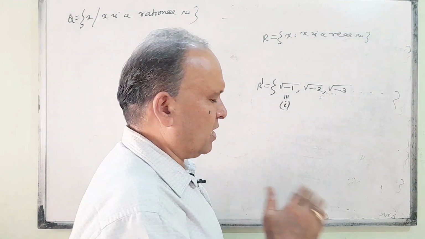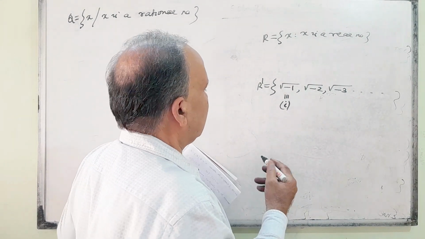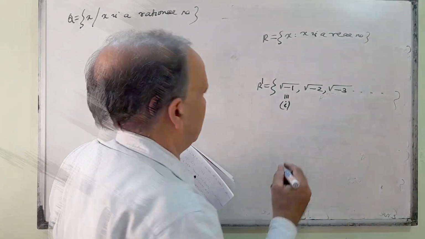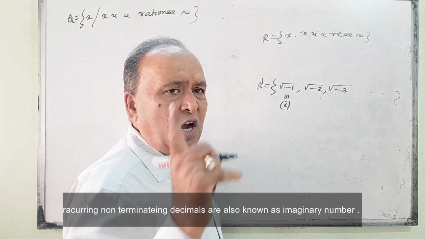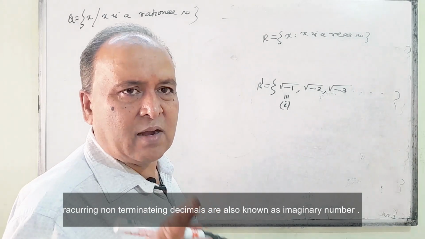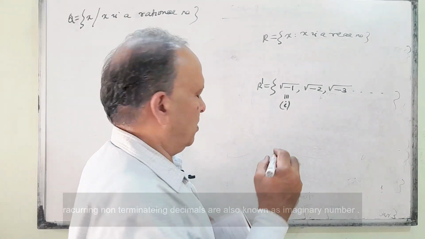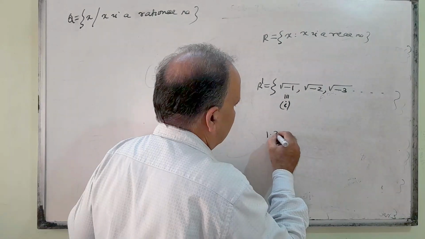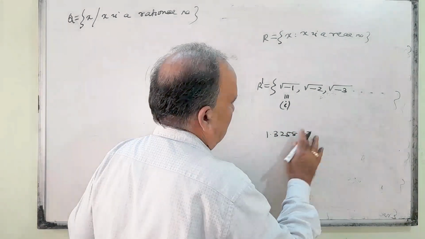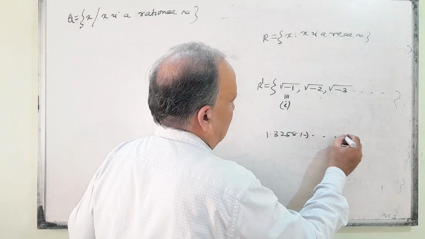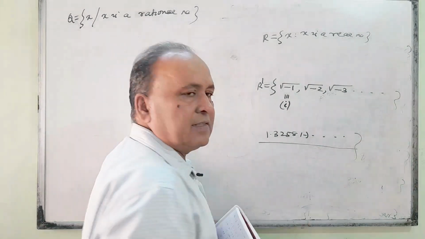I have forgotten something. In the case of irrational numbers, all non-recurring, non-terminating decimal numbers are irrational numbers. Like this, 1.325817 dot dot. These are irrational numbers.